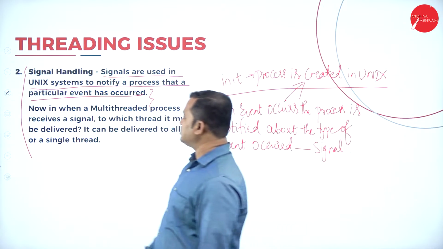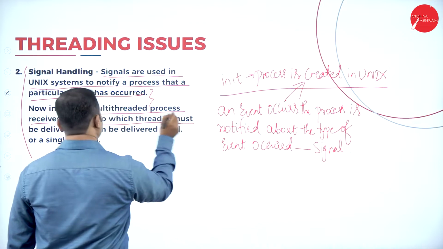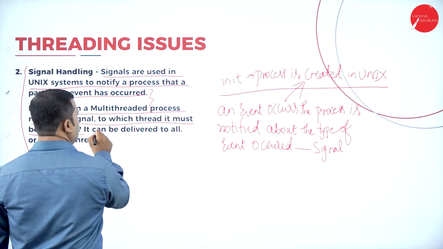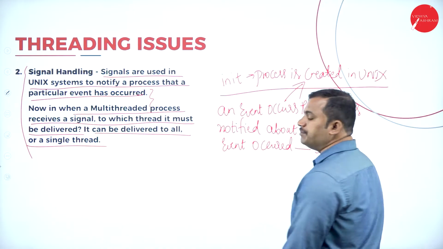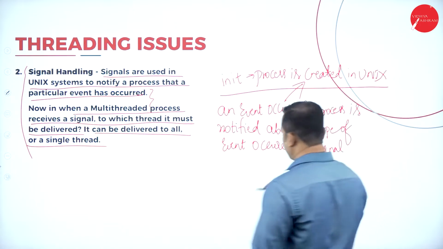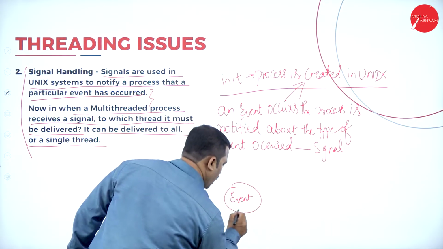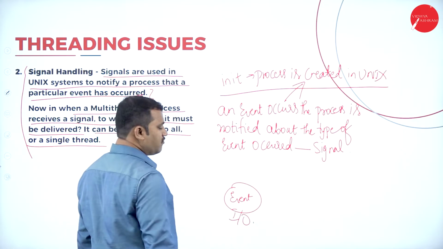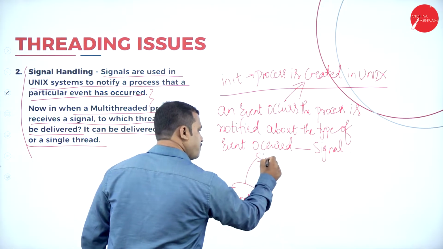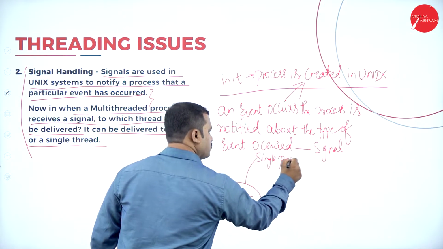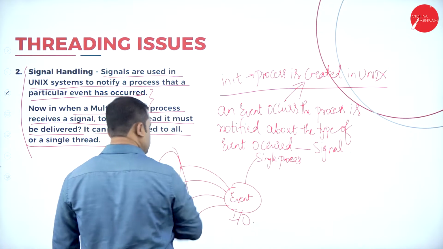Now when a multi-threaded process receives a signal, to which thread must it be delivered? It can be delivered to all or a single thread. That means whenever an event occurs, let me call this an IO event, this must be notified to one single process or to all of the processes which are running in the system.